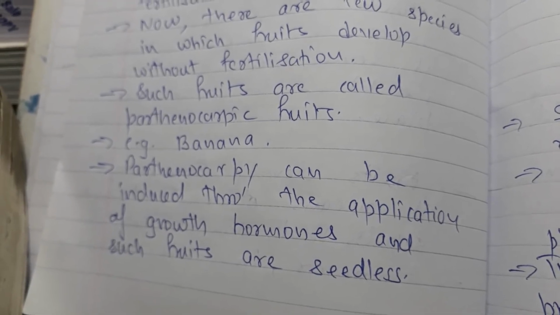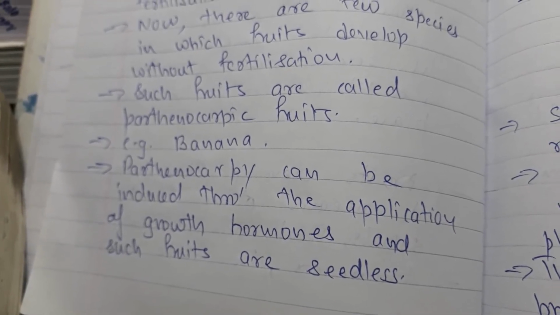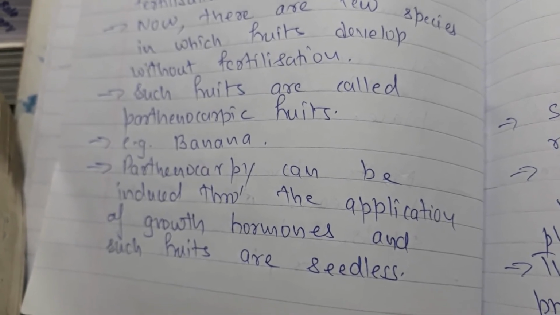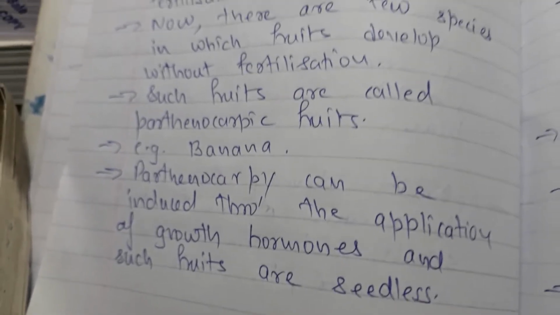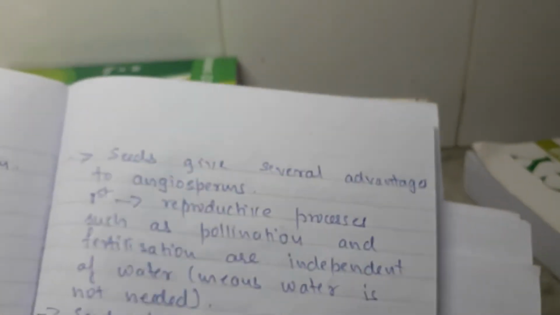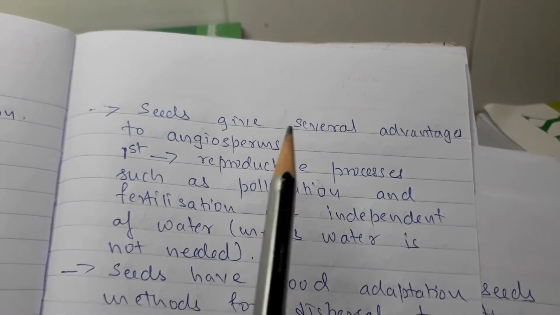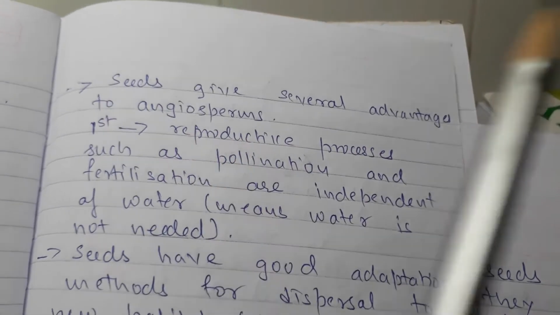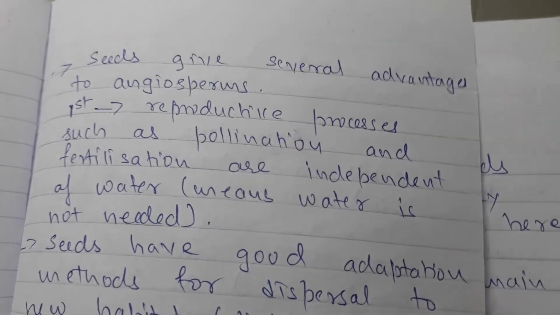See the banana. Parthenocarpy can be induced through the application of growth hormones, and such fruits are seedless. Now, seeds give several advantages to the endosperm. What is the advantage?